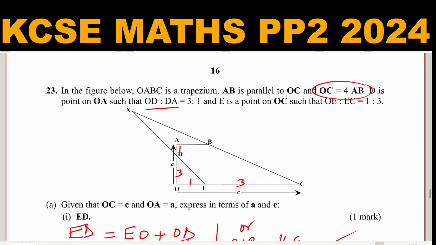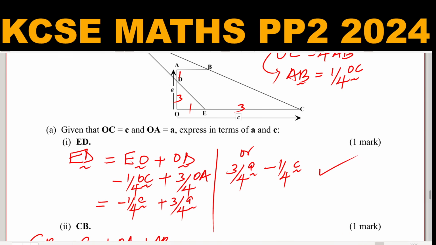We're going to get AB from what we're given: OC is equal to 4AB. Therefore, AB is 1/4 OC. So that is how you get AB.